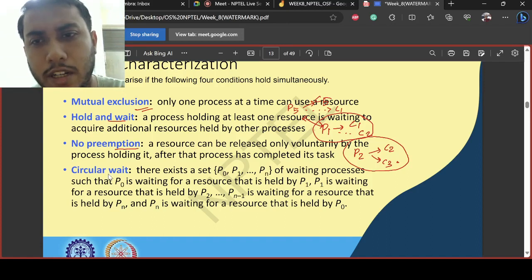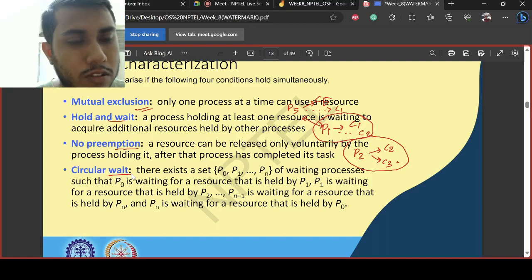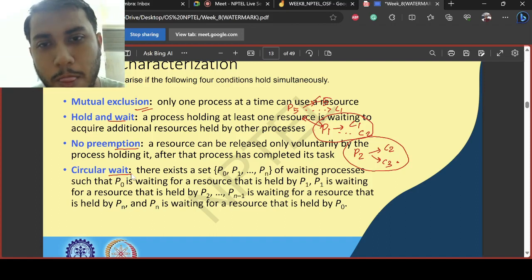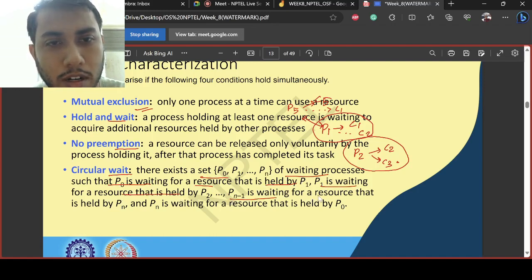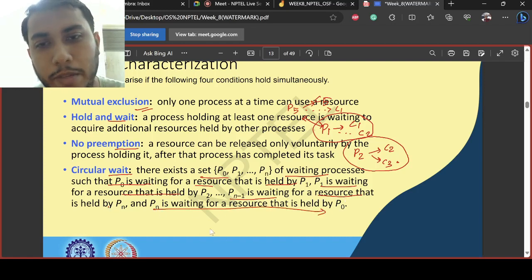Another is circular wait. We have already seen it in the dining philosophers problem. There exists a set of waiting processes such that P0 is waiting for a resource currently held by P1, P1 is waiting for a resource currently held by P2, and so on, Pn-1 is waiting for a resource held by Pn, and Pn is waiting for a resource that is currently held by P0.